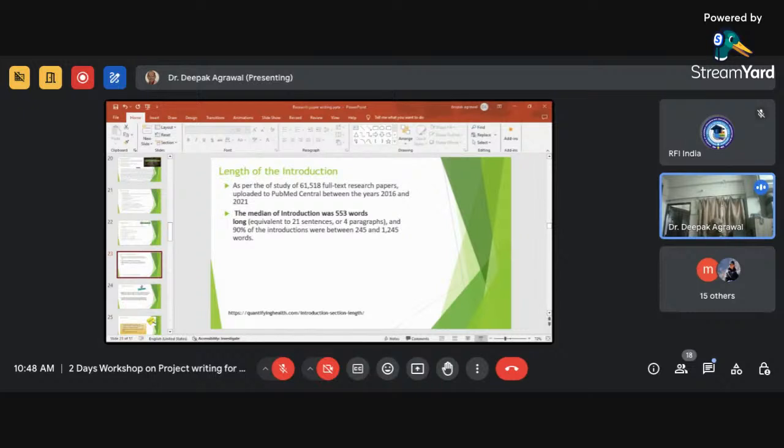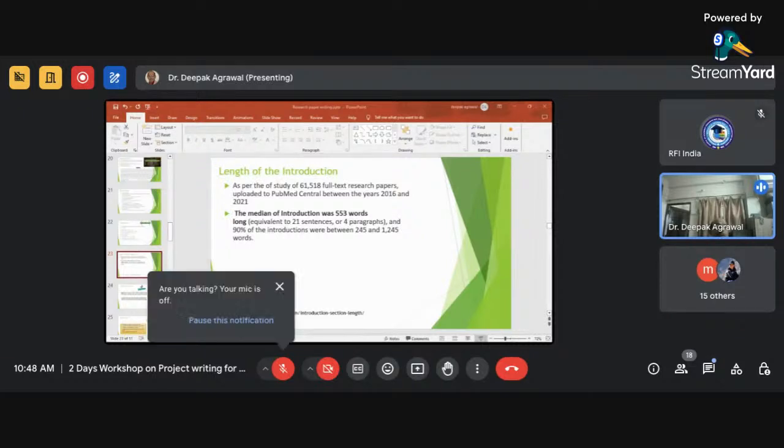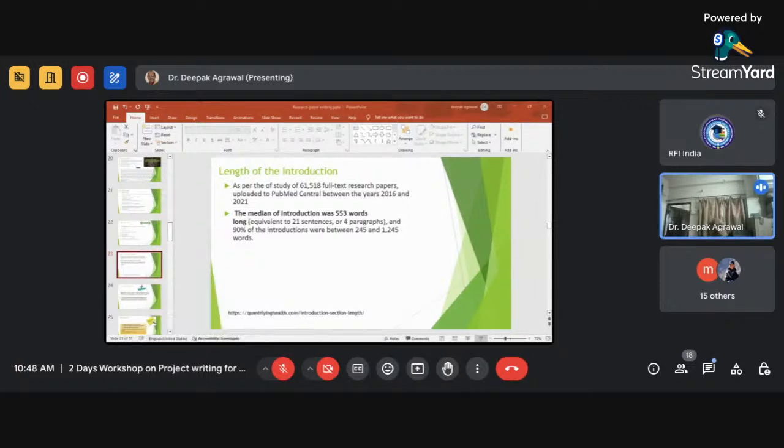As per a study of 61,500 research papers uploaded to PubMed Central between 2000 and 2021, the median length of the introduction was 553 words. So there is a source database which says that an average introduction in a research paper is 553 words.